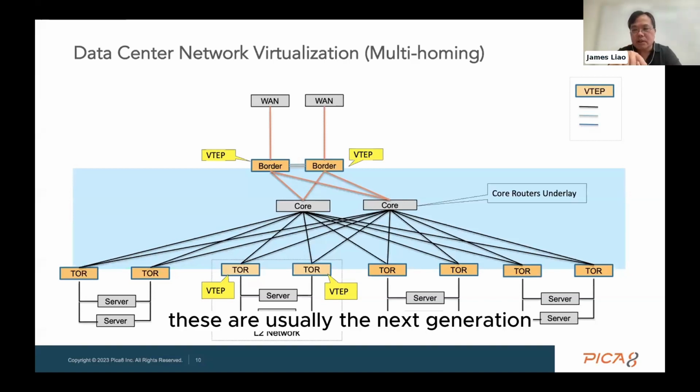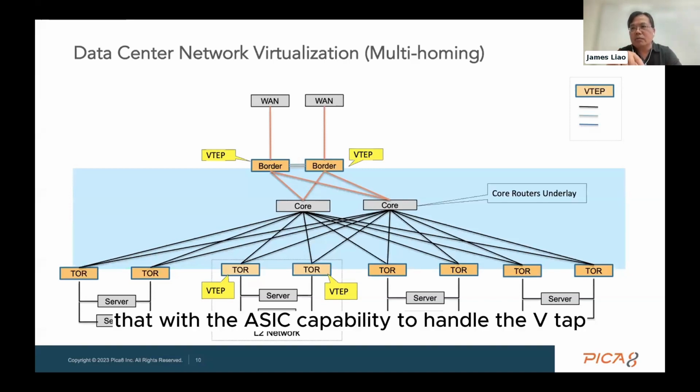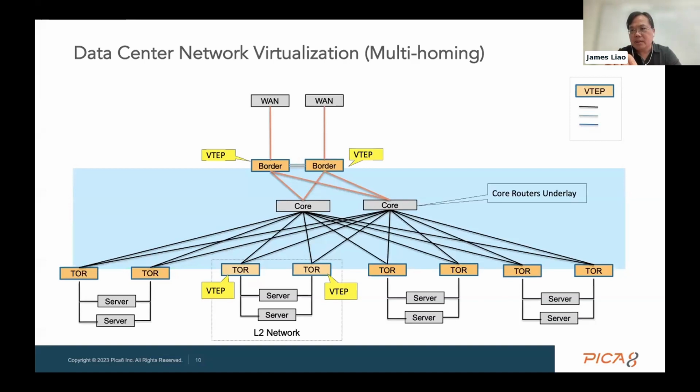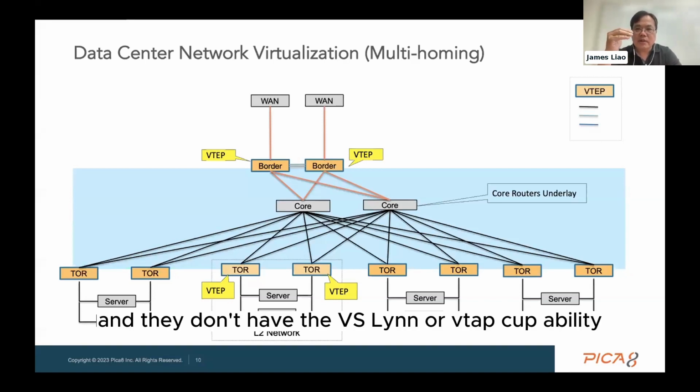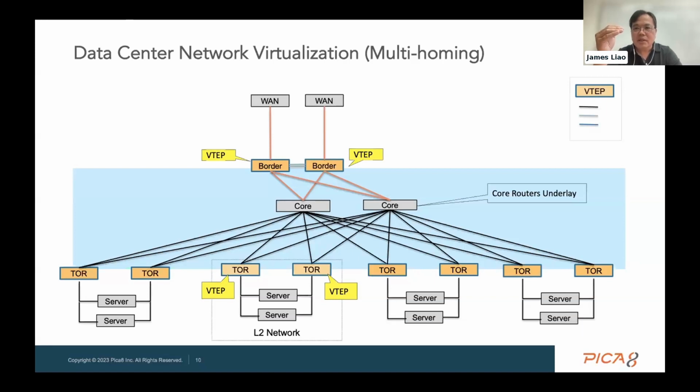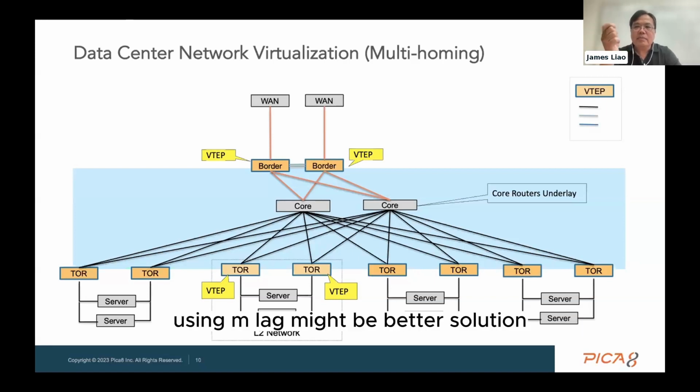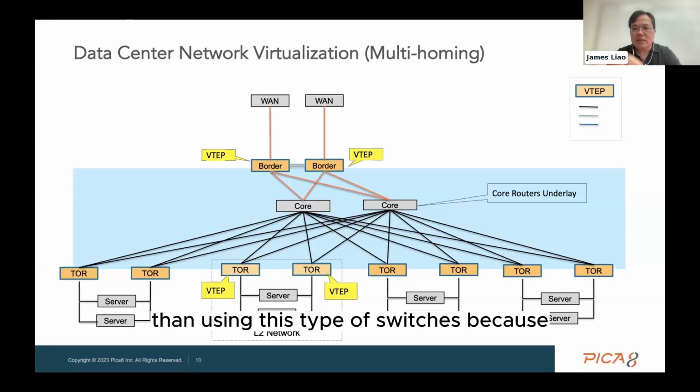These are usually the new generation of switches with the ASIC capability to handle the VTEP. And that's actually a very good point: if you have top of rack that's already running layer 2 and doesn't have VXLAN or VTEP capability, using MLAG might be a better solution than using this type of switch.